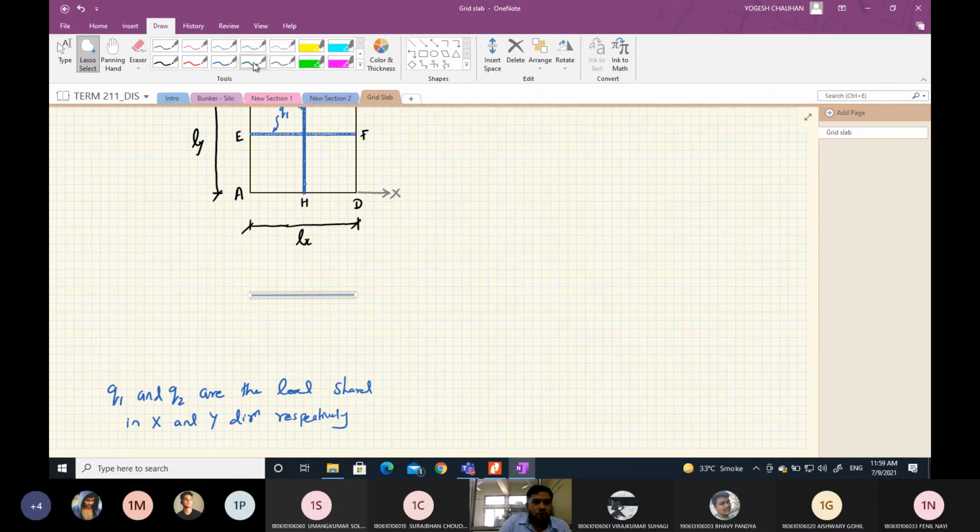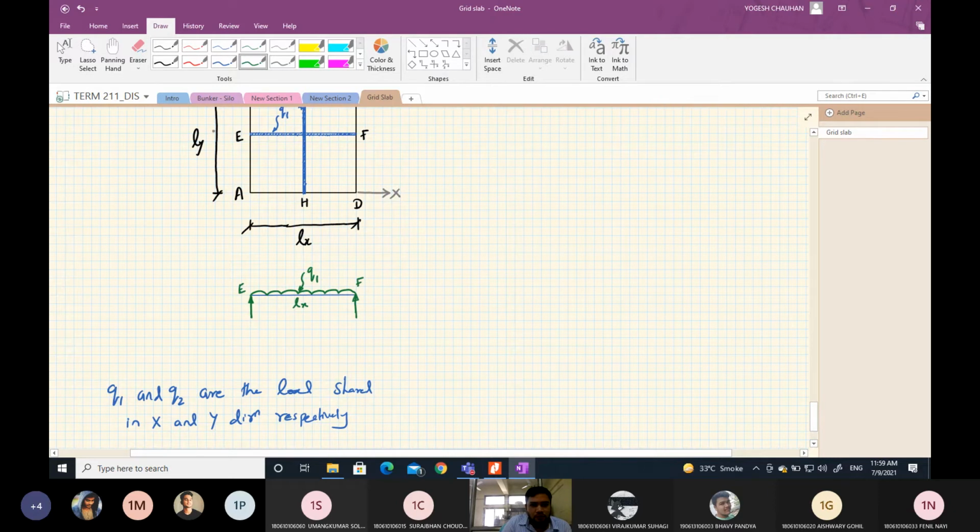It is loaded with UDL of intensity Q1 and supported at E and F. This span length is Lx.